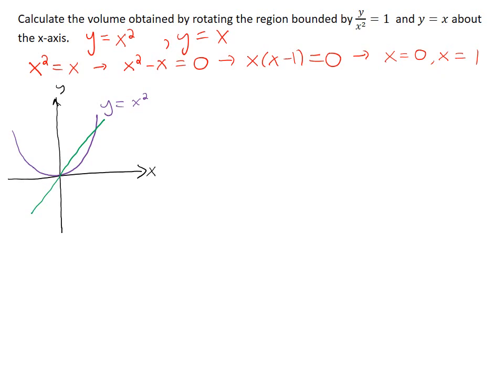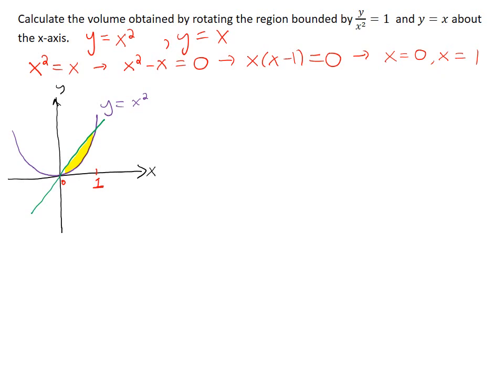You can tell from the sketch that the green curve is further away from the axis of rotation than the purple curve. If you're not certain which is closer to the axis of rotation, it's definitely worthwhile to evaluate both functions at some intermediate x value. So if they're going from 0 to 1, plug 1/2 into the first curve, y equals x squared, you're going to get 1/4 as the y value.